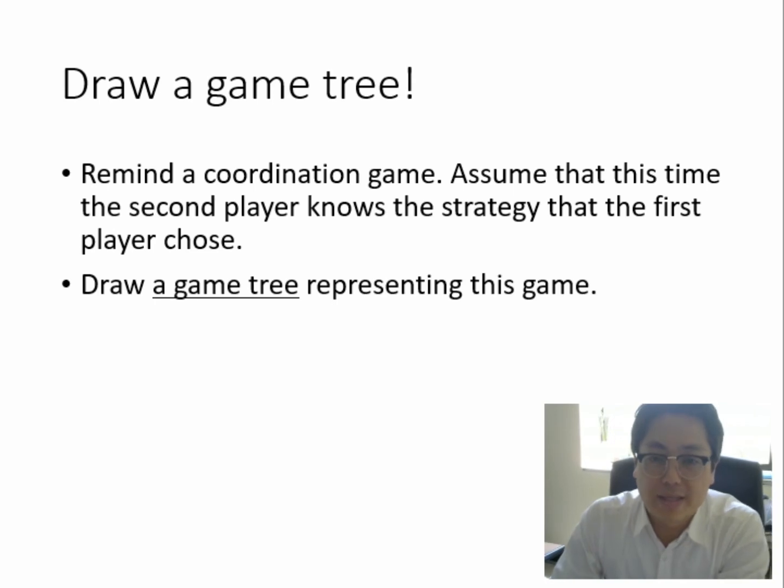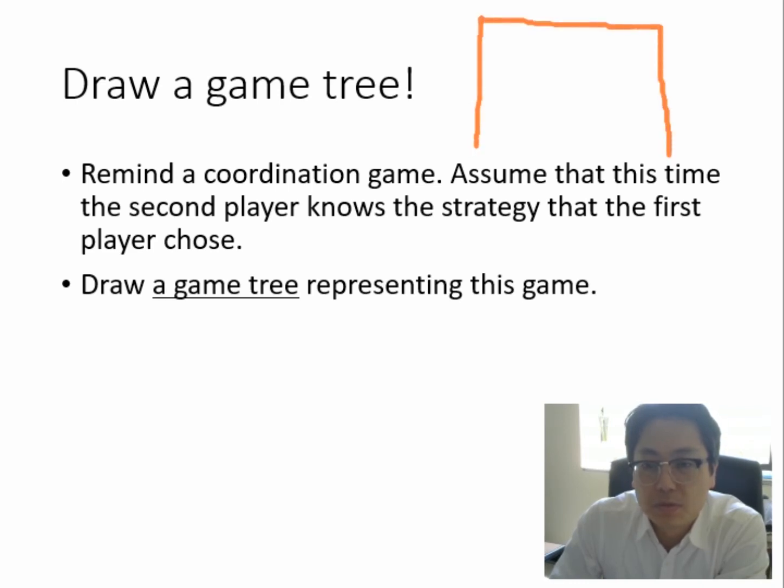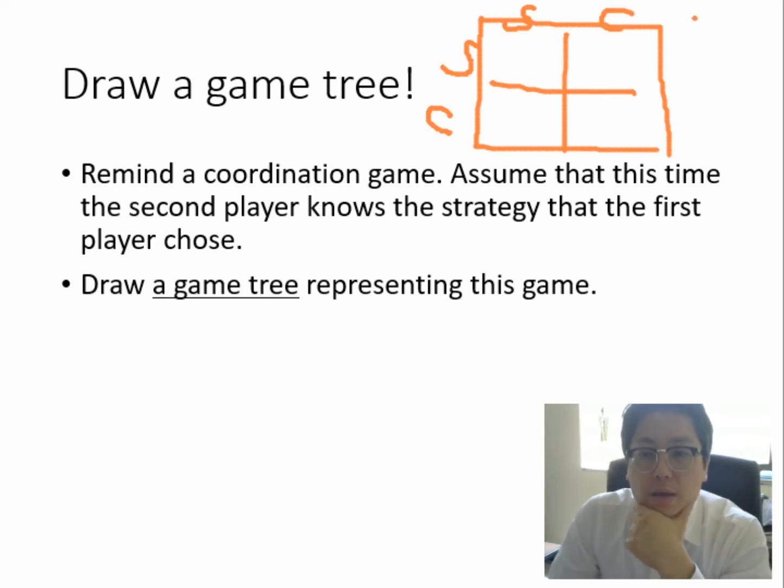So look at this. If we represent the coordination game, we probably use this kind of table in a normal form game. So Starbucks, Coffee Bean, Starbucks, Coffee Bean, and here is 2, 1. This is the first player.